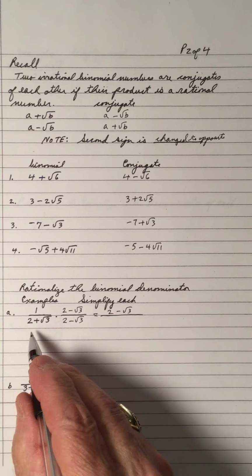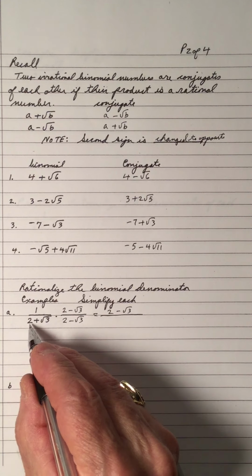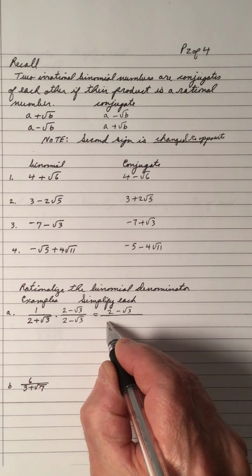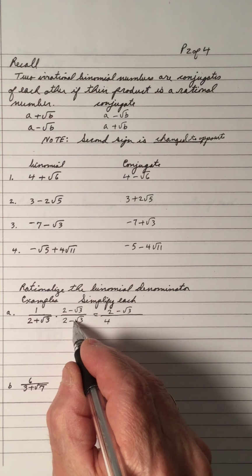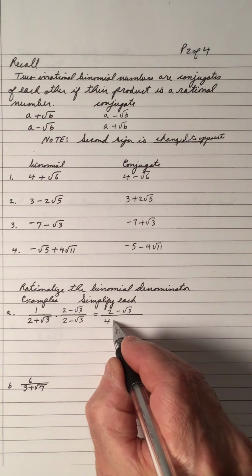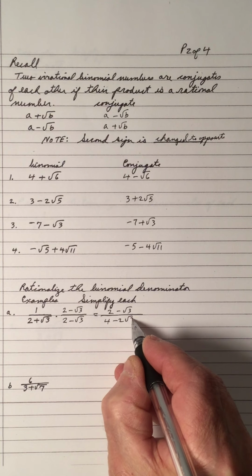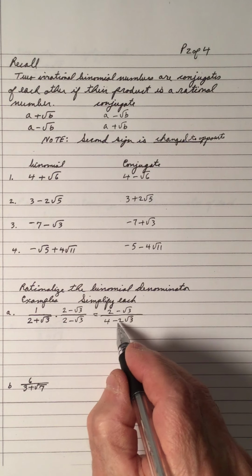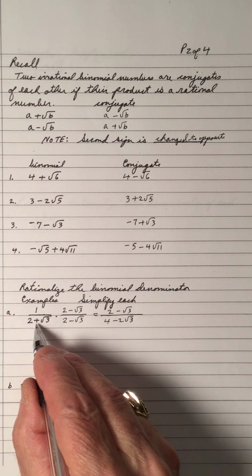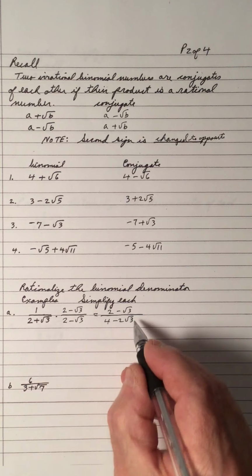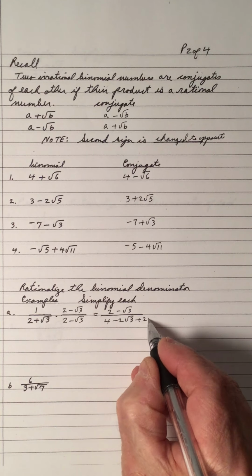Now, let's multiply this out. I'm going to do this two ways. First is 2 times 2. Outside is 2 times negative root 3, which is negative 2 root 3. And positive root 3 times 2 is a positive 2 root 3.